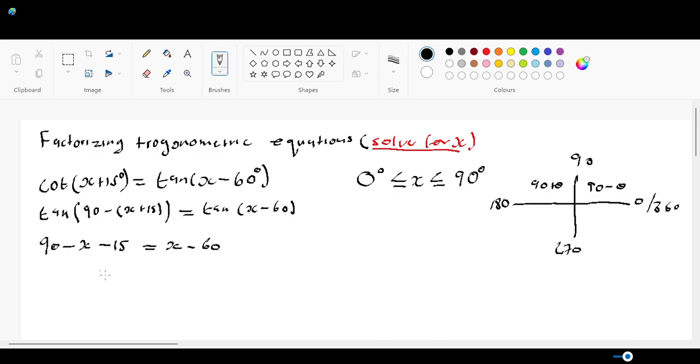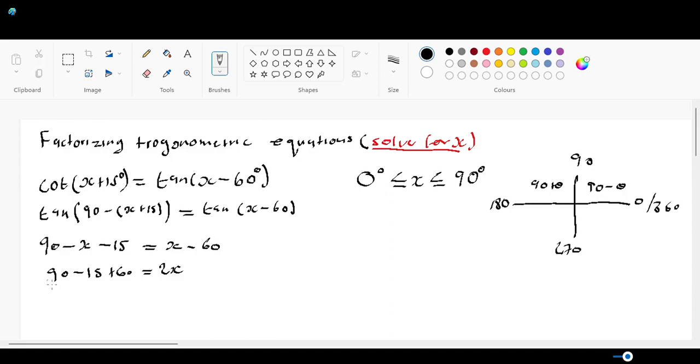And then from there you just solve for x. So what you do is take your x's to the right and the 60 to the left. So you can say 90 minus 15 plus 60 is equal to, if you take this x to the right, 2x here.